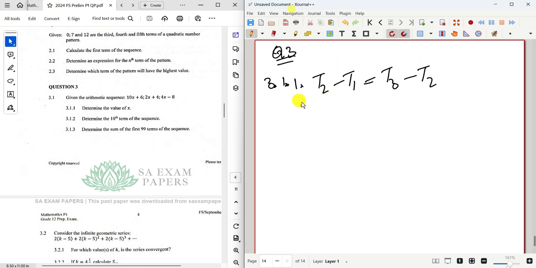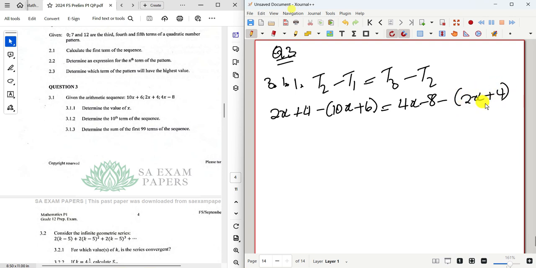So T2 is 2x plus 4 minus (10x plus 6) equals term 3, which is 4x minus 8, minus term 2, which was 2x plus 4.